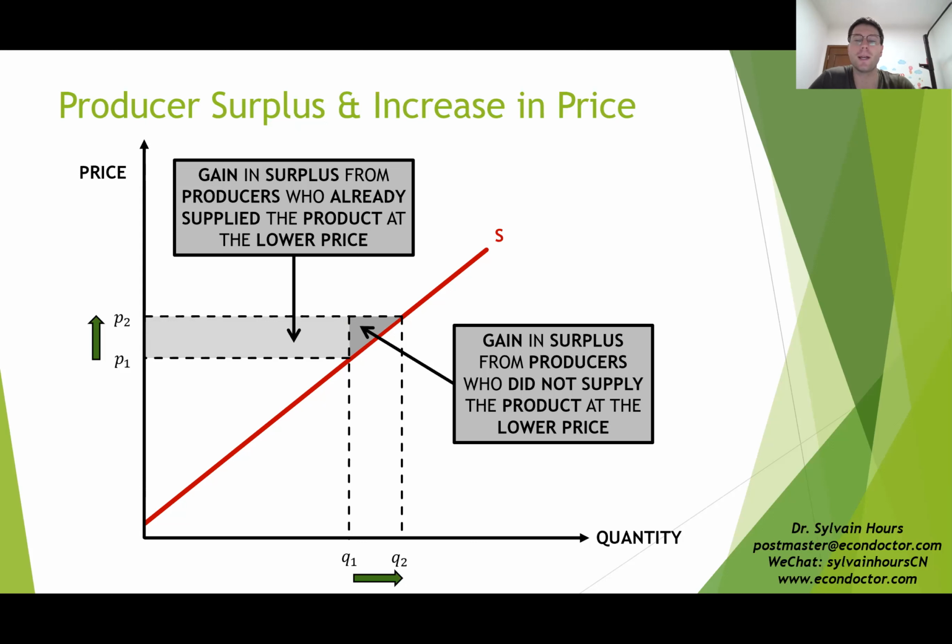They still supply the output at P2, the higher price, of course, but because the price is higher, they just make more surplus. And the dark gray area is the gain in surplus from those producers who start to supply the product at the higher price. They did not supply the product at P1. The price was not high enough, but now they do supply the output at P2, and they enjoy some producer surplus.